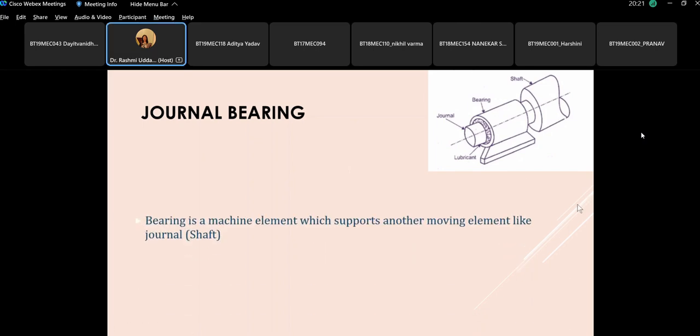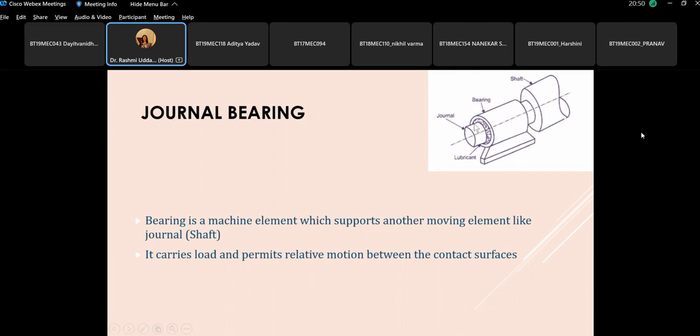As the definition goes, a journal bearing is a machine element which supports another rotating element, and this rotating element is a shaft or an extension of the shaft, what we call the journal. It has to support the shaft, ensure that the shaft rotates with minimal friction, carry the load and permit relative motion between the contact surfaces.